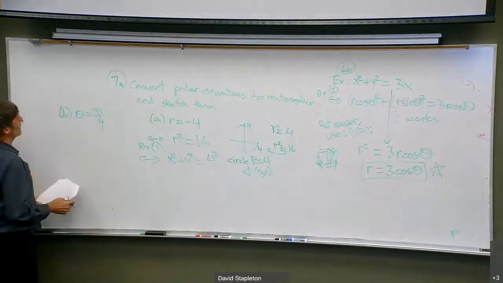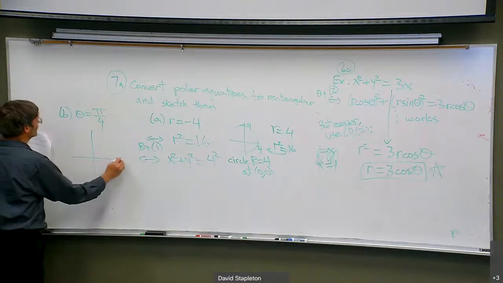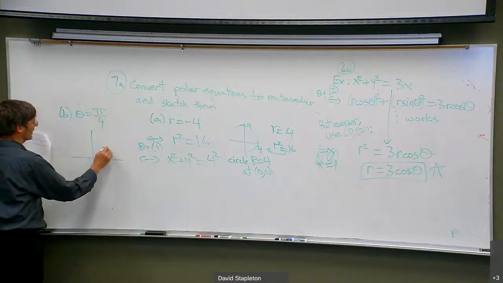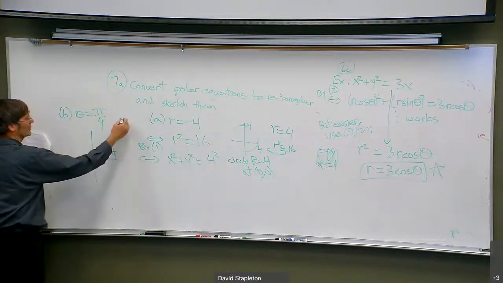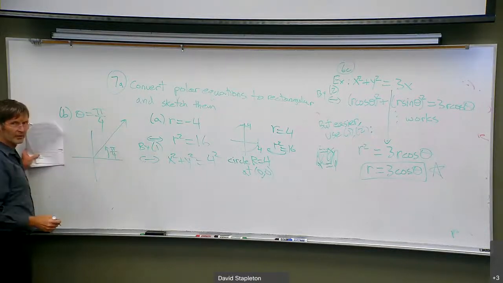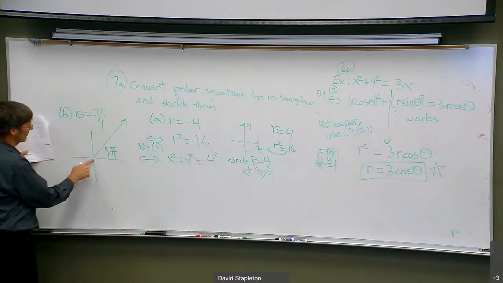So theta equals pi over 4, how do I sketch that? Well, what you're doing intuitively is turning to an angle theta equals pi over 4. And then I can go out any distance r, right? r is arbitrary, so I get all these points, but that's not it. What are the other points? r is allowed to be negative, right? So I can go in the opposite direction any distance I want.